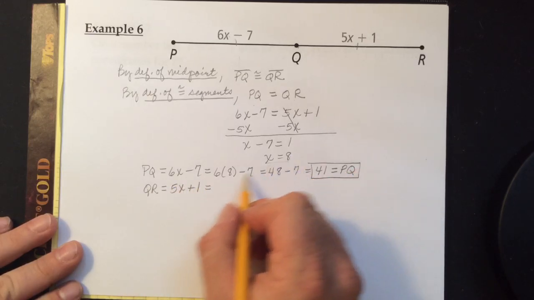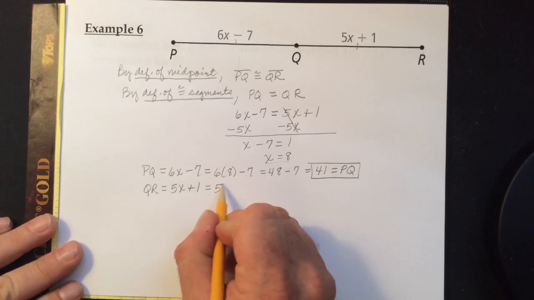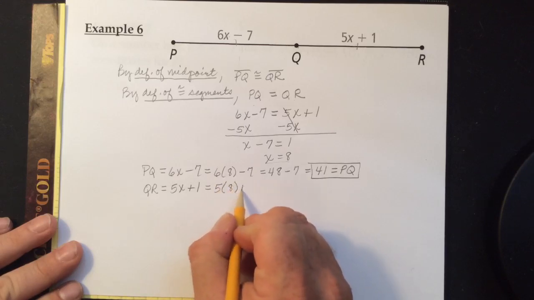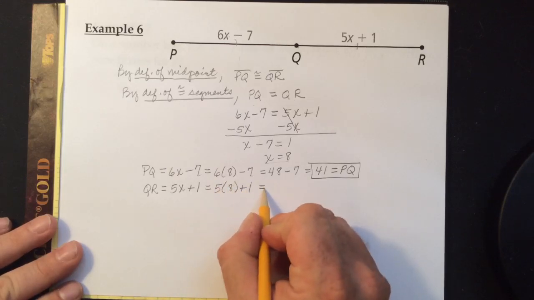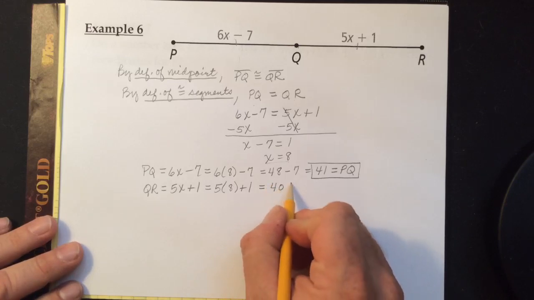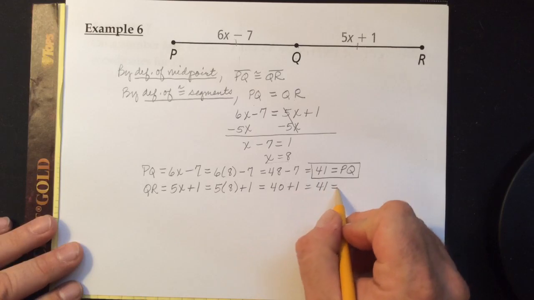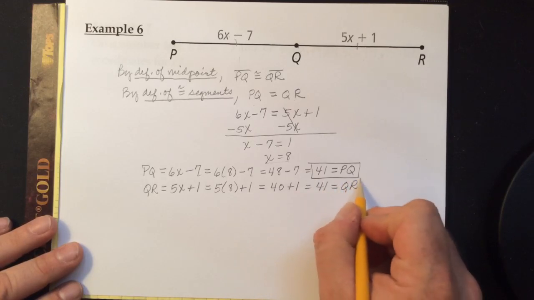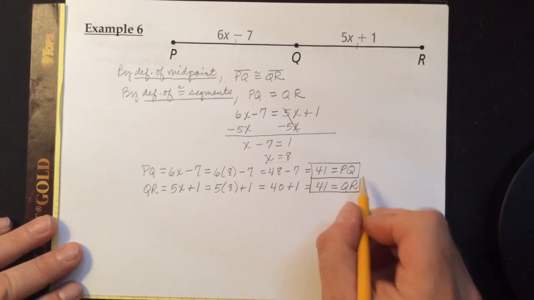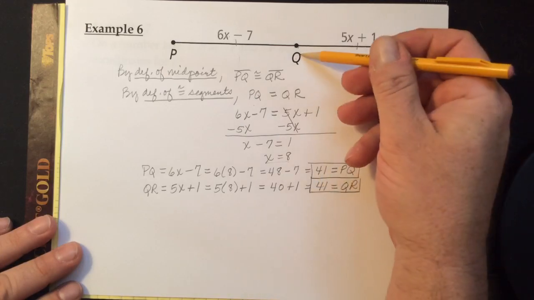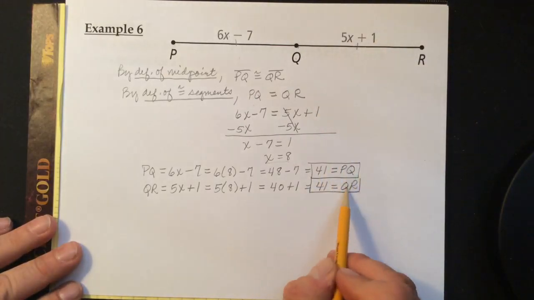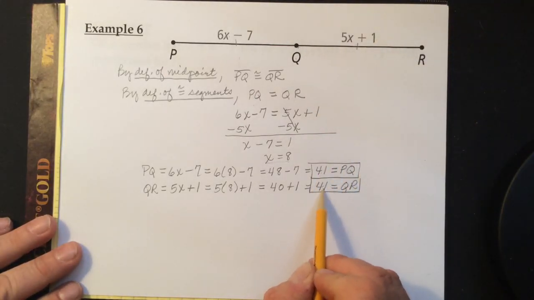Substituting in the value for x, we have 5 times 8 plus 1, which equals 40 plus 1, which equals 41. So the length of QR is 41, and that should make sense because since Q is the midpoint, these two segments had to be equal in length.